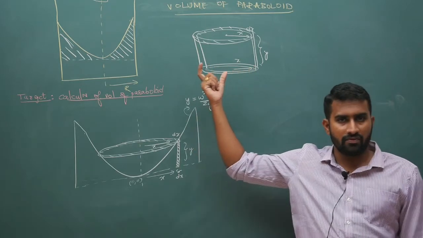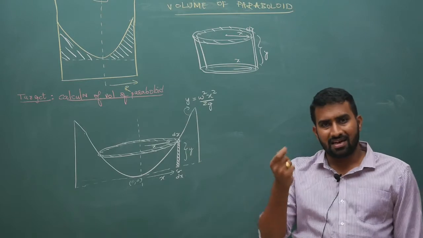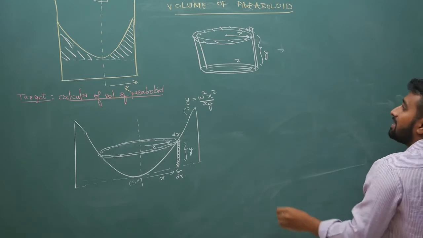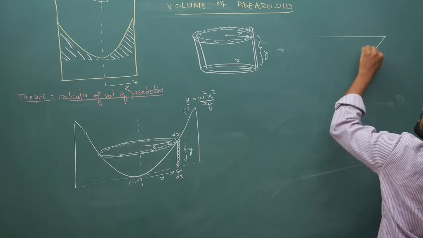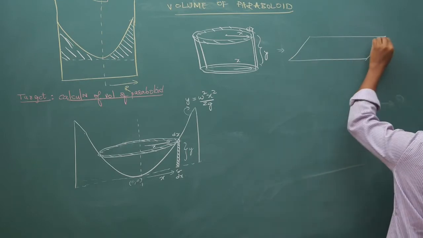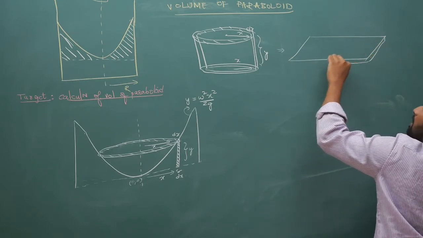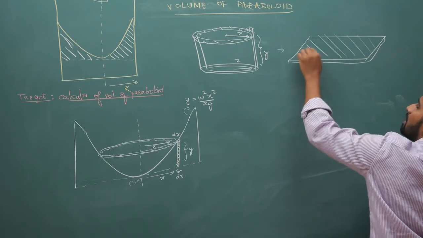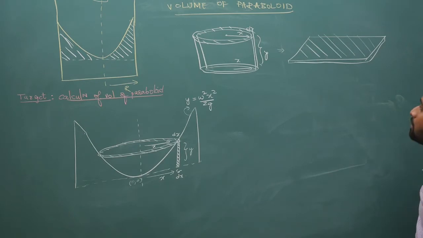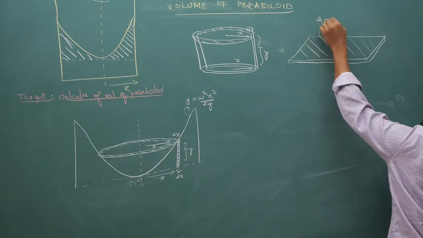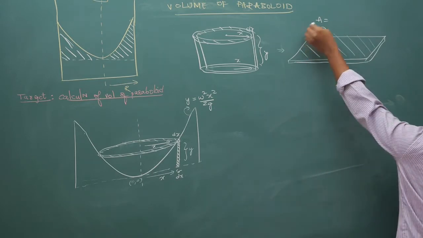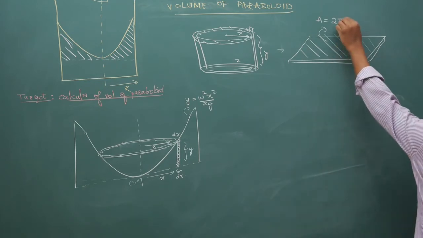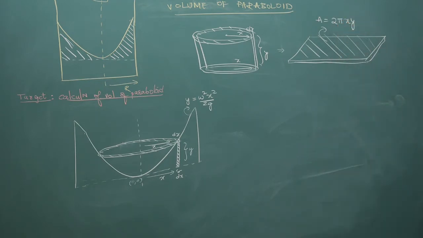If I cut the peel off layer and stretch it, you will get a sheet like this. If you cut that cylinder and roll it on the floor, this portion is the curved surface area. The curved surface area is 2 pi RH, so here in place of R you have x, in place of h you have y, which gives 2 pi xy.